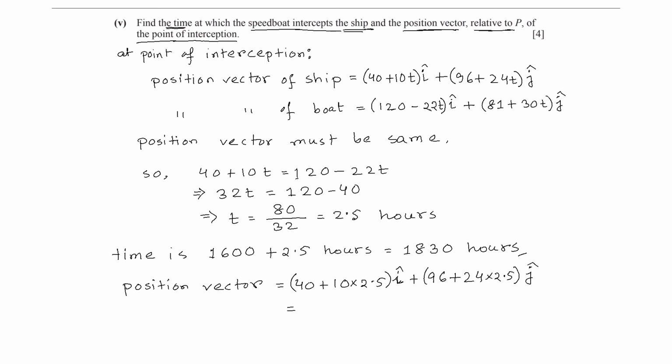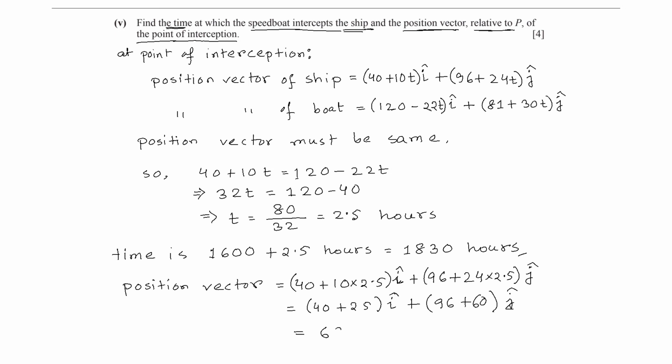In the next line we can write 40 plus 10 times 2.5, which is 25, so 40 plus 25 i, and plus 96 plus 24 times 2.5, which is 60, so 96 plus 60 j.